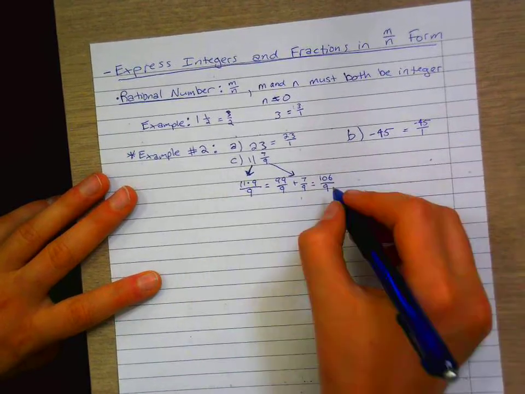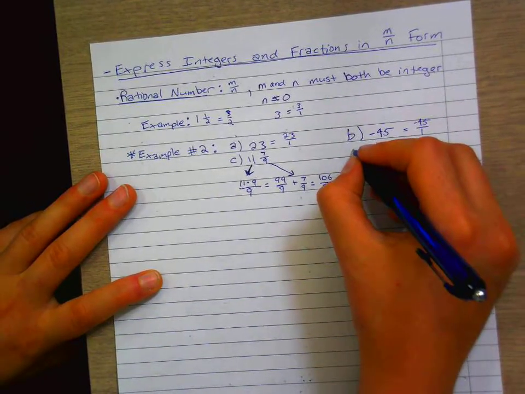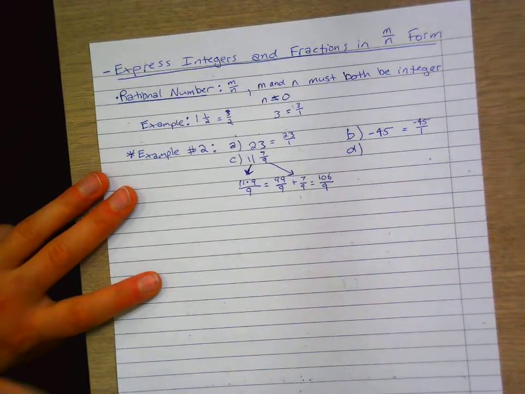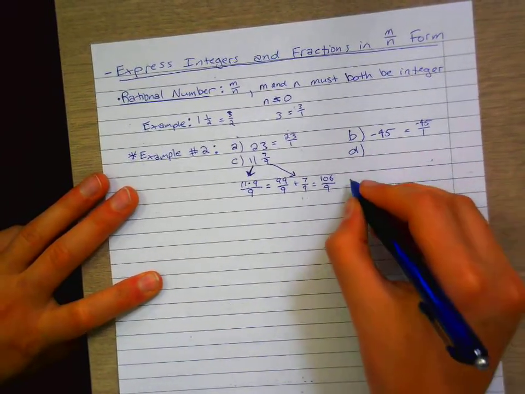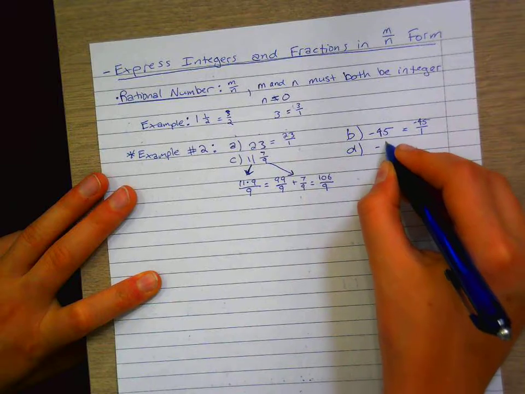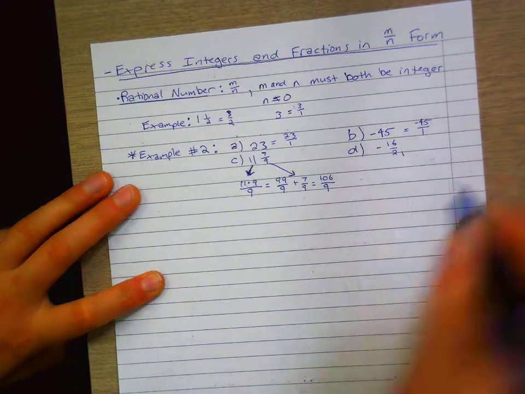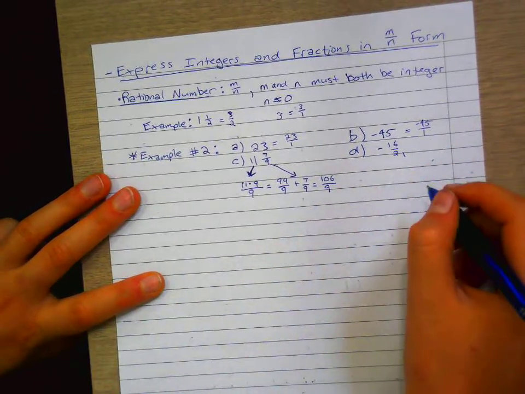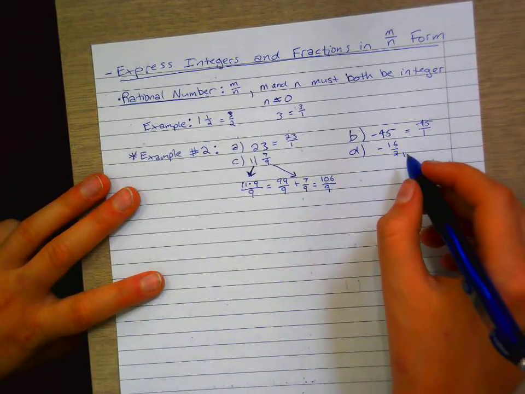Let's try D. D is negative 16 over 21. So you're going to write the negative integer in either the numerator or the denominator instead of right before it.